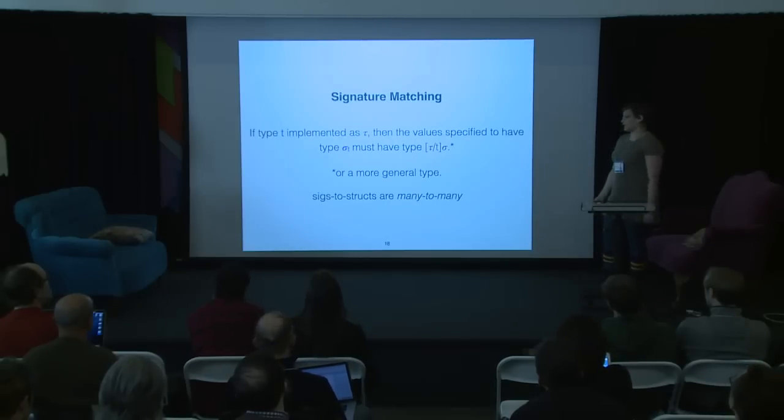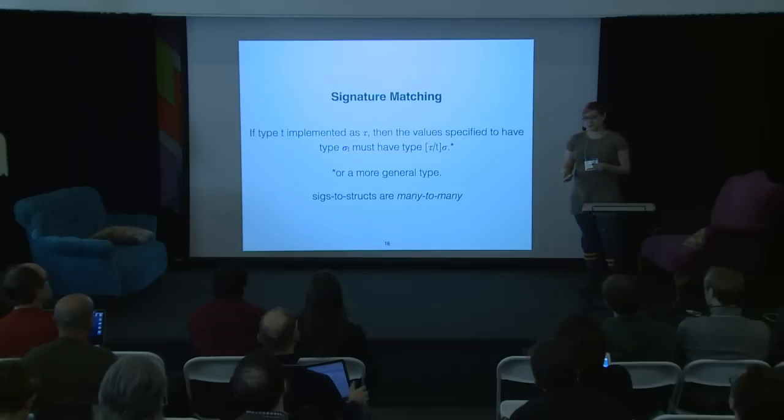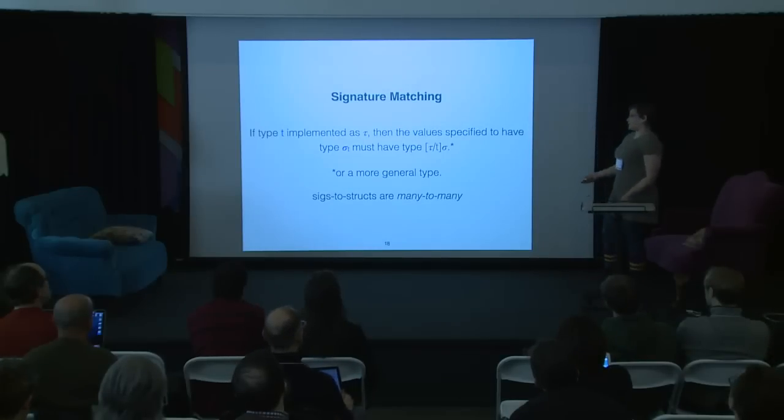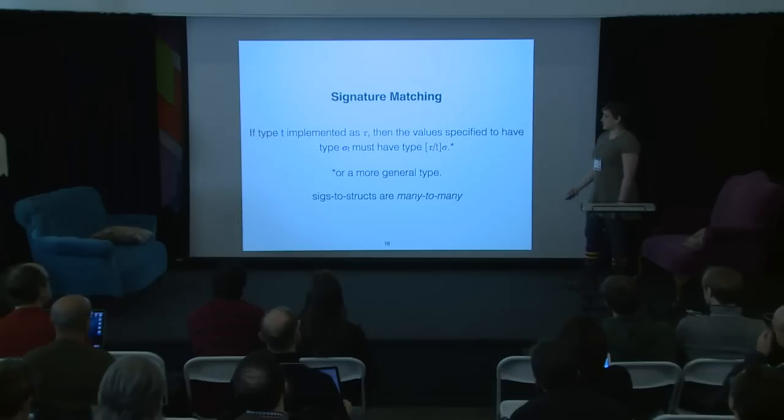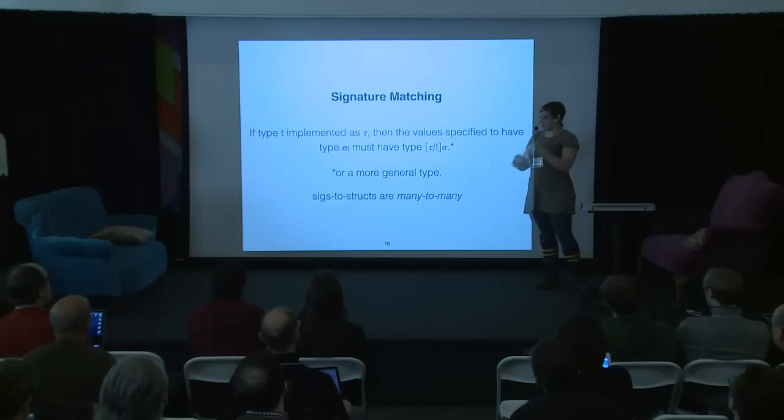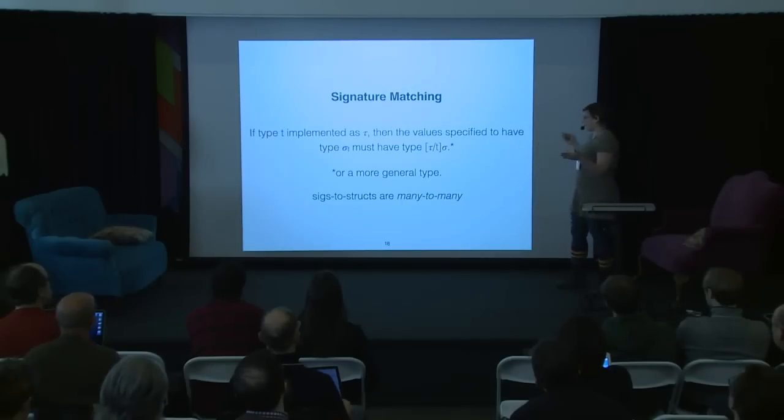Now, I said that the definitions in the structure need to match the declarations in the signature. What exactly does that mean? Okay, so there's some abstract type, little t, and you're going to give some implementation to that as tau. And if you haven't caught on so far, the convention I'm using in terms of color right now is blue for abstract typey stuff and burnt orange for concrete data-y stuff.